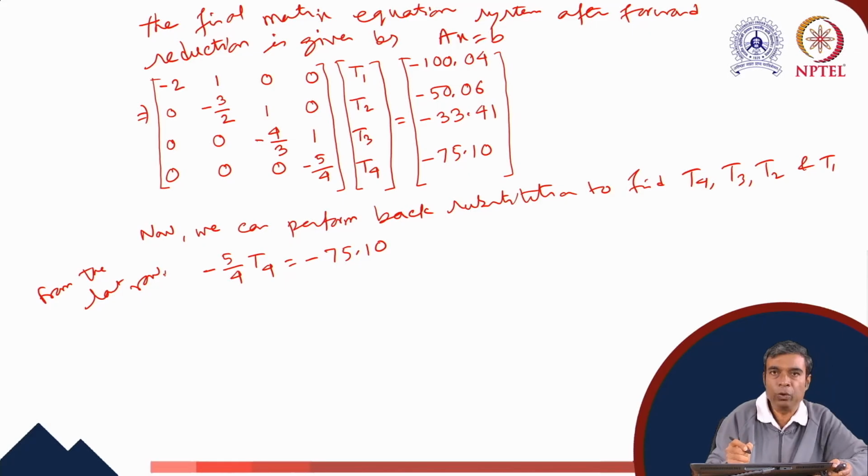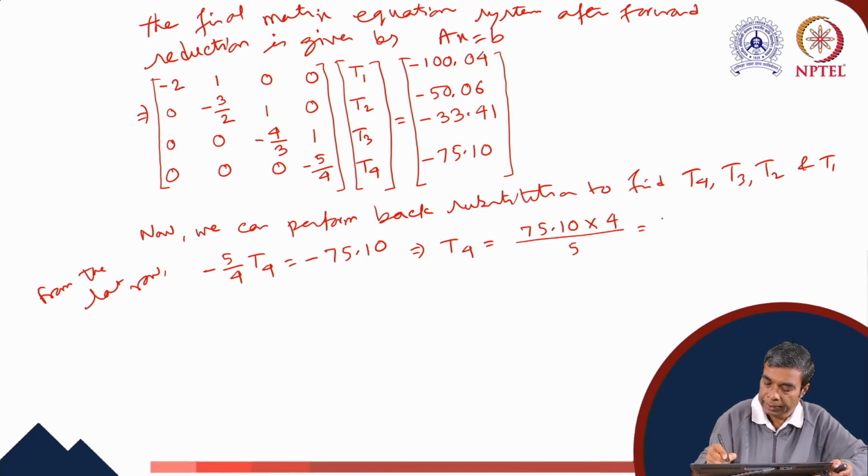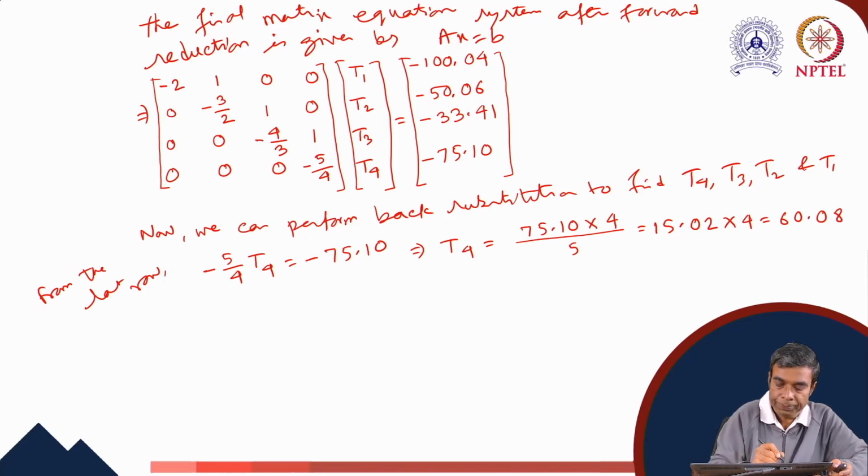We have one equation and one unknown. From here we can find T4 equals 75.10 into 4 divided by 5. So this is 15.02 into 4 equals 60.08.